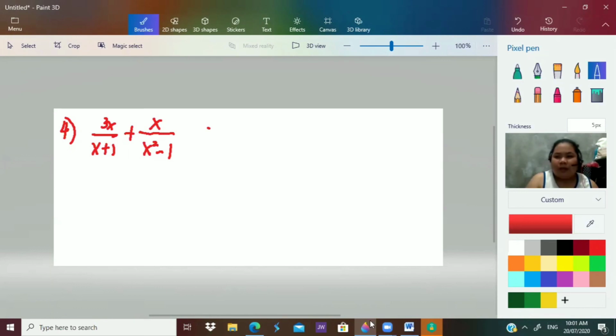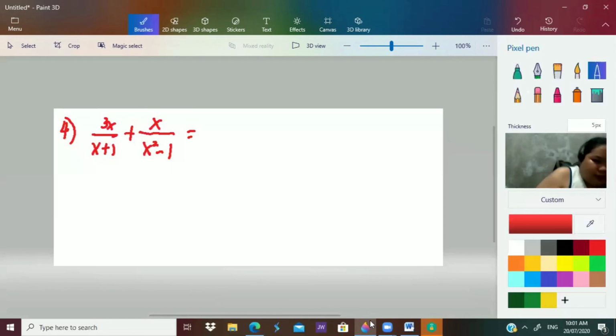Kaya kung magkaiba man ang itsura niya dun sa module ko, okay lang yon, addition naman yan eh. Kasi ang addition ay mayroong commutative property. Meron silang commutative property, kaya kahit balibaliktad sila ng pwesto, the position of addends does not affect the sum. Okay? Sige, so ganun pa rin gagawin natin.